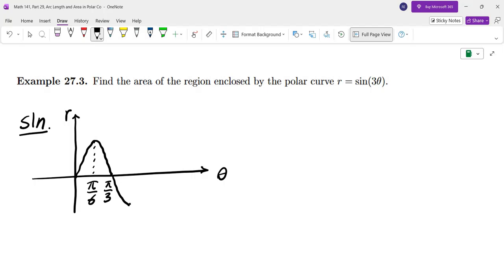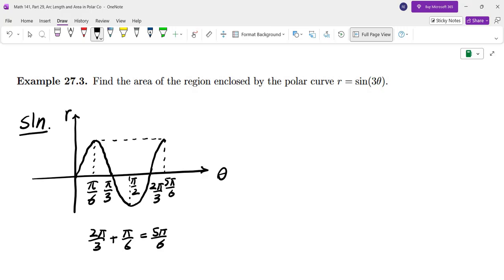Then the next one would be pi over 2. The next one would be 2 pi over 3. And then the next one, 2 pi over 3 plus pi over 6, is going to be 5 pi over 6. And finally, we get 2 pi.